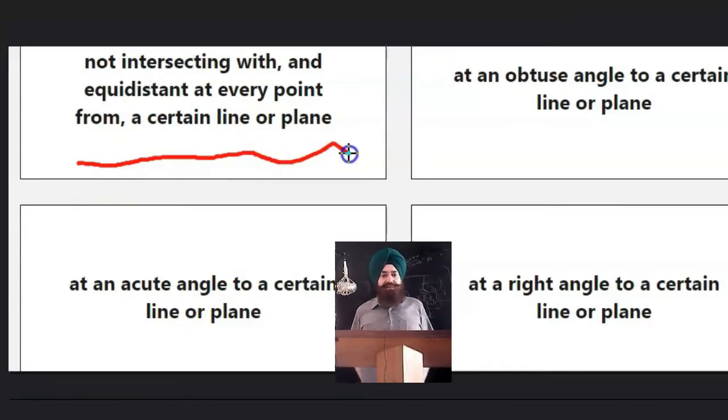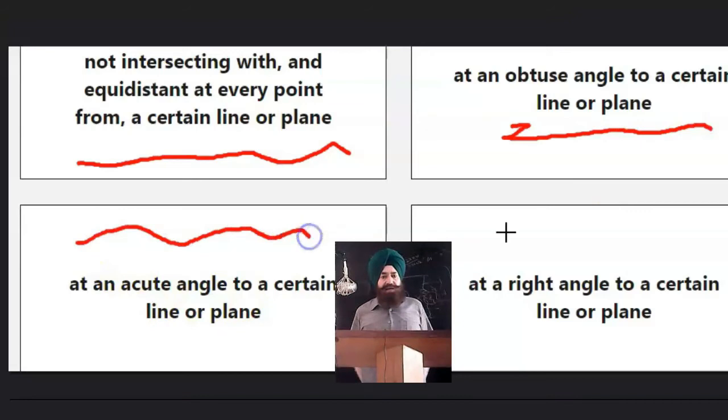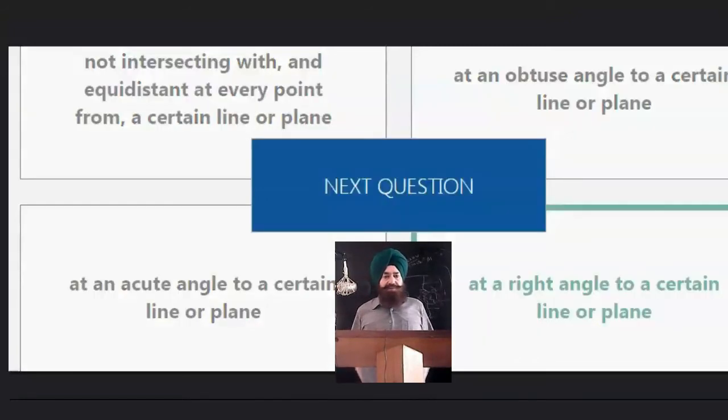Number 2, obtuse angle to a certain line or plane, acute angle to a certain line or plane. Think parallel lines. Time starts now. So this one, at a right angle to a certain line or plane, is the correct answer.